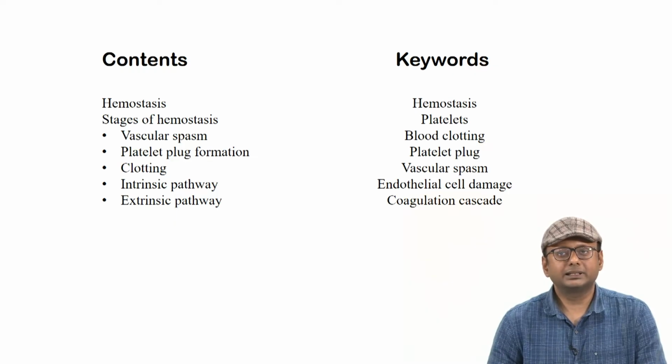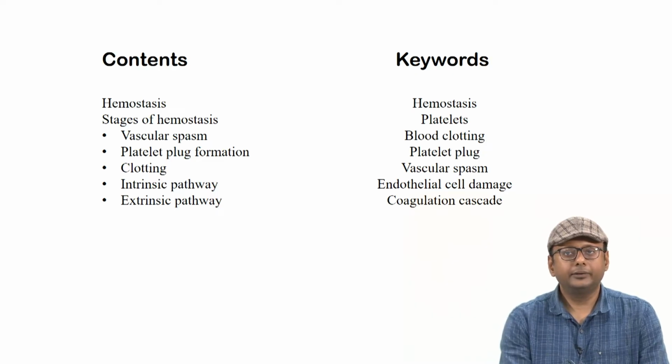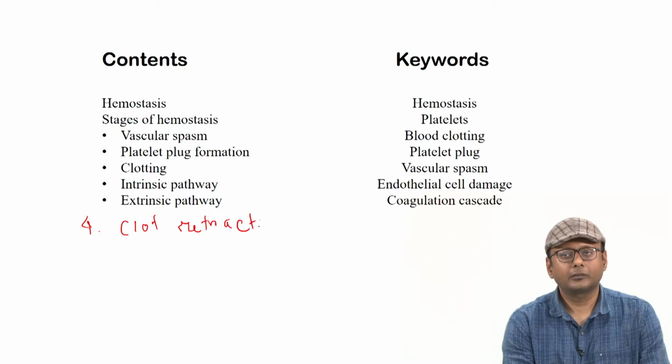The first step is vascular spasm, the second step is platelet plaque formation, the third step is clotting, which can also run by 2 processes, the intrinsic pathway and the extrinsic pathway, the fourth step is clot retraction and repair, and the final step is fibrinolysis.